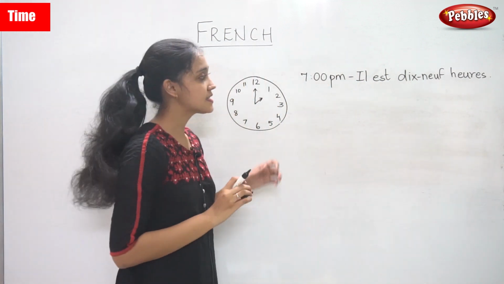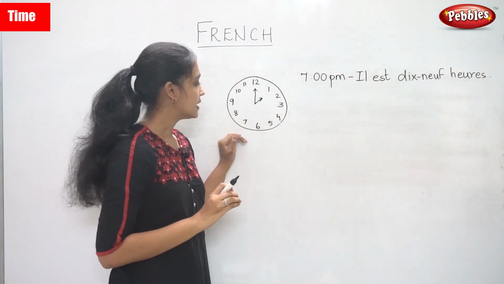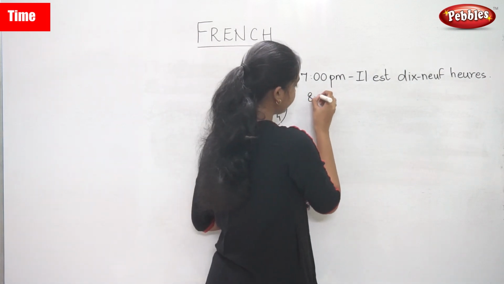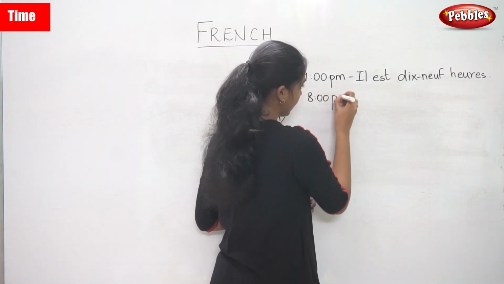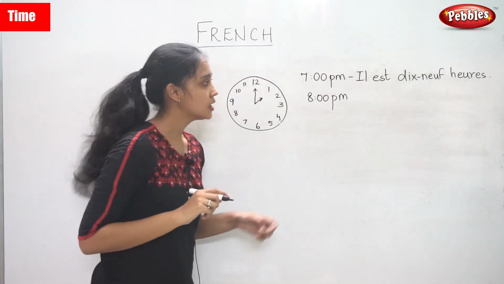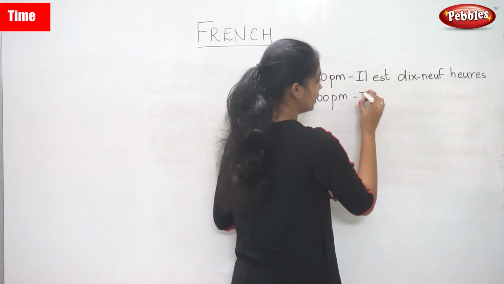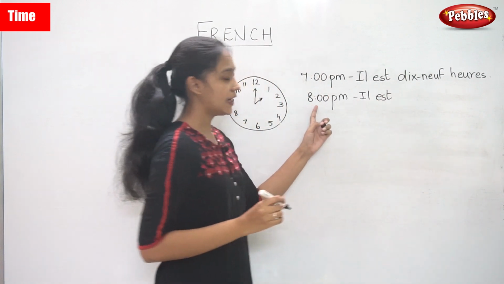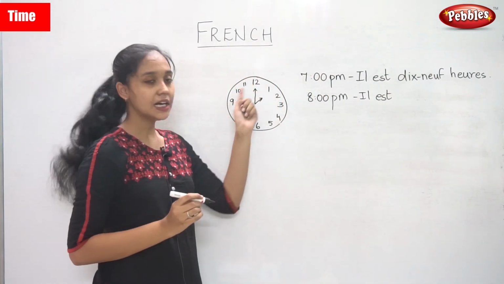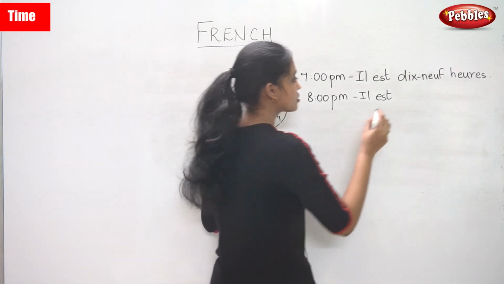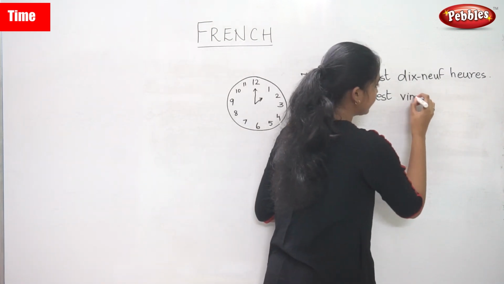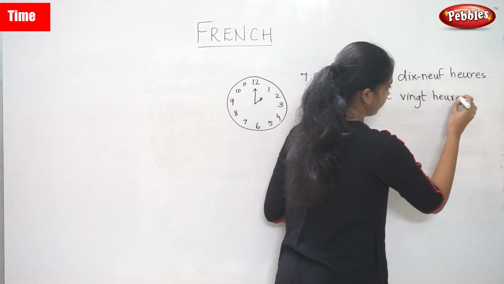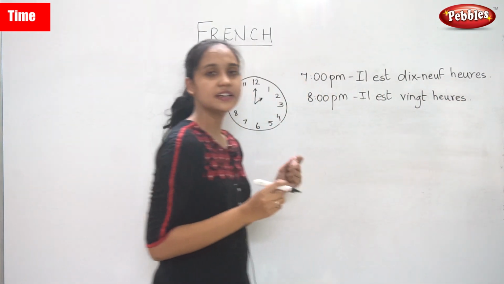Il est 19 heures. It is 7 p.m. Then 8 p.m. you would say il est. So 8 p.m. will be 20 hours. So il est 20. Il est 20 heures.